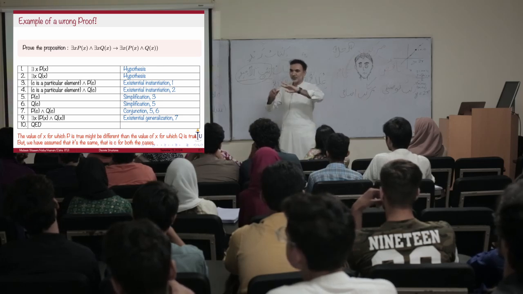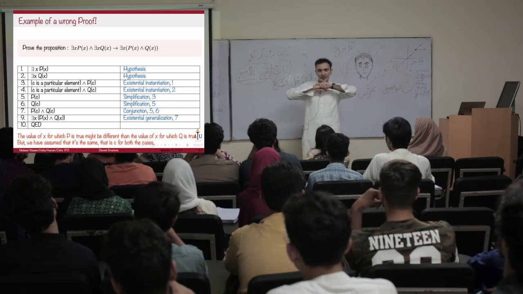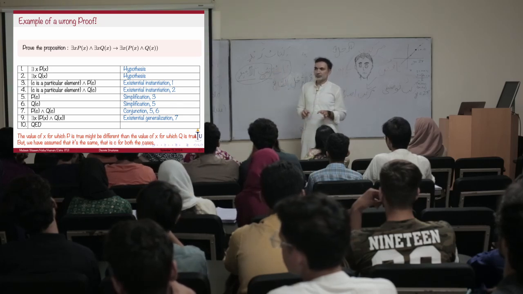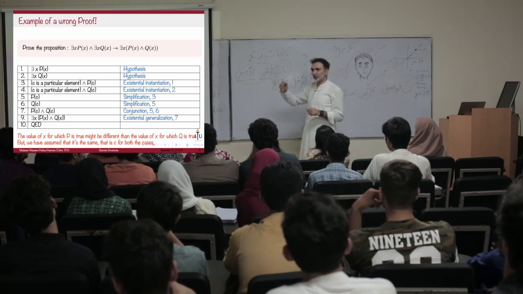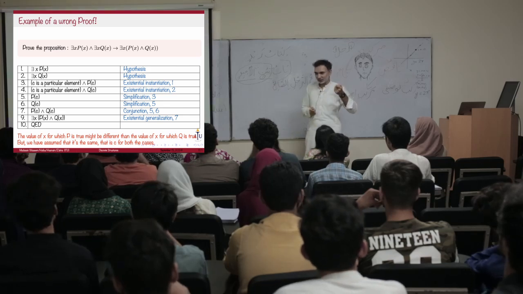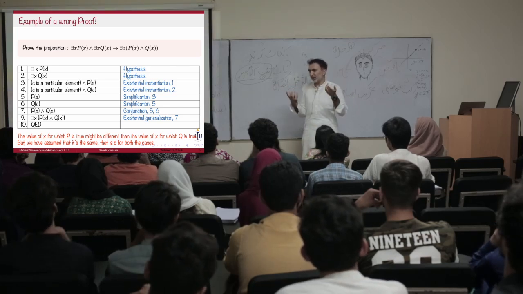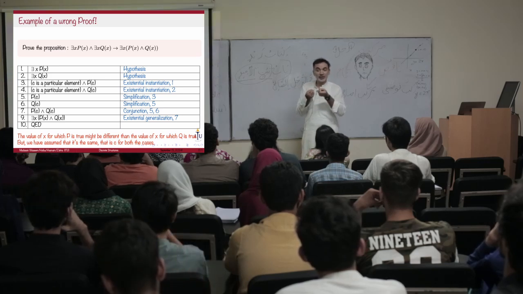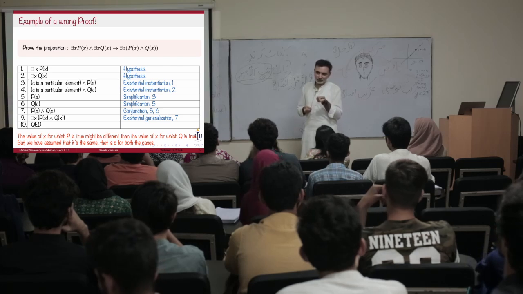Okay, so let me make two statements. I'm saying that there is someone in this class who scores A in discrete. Right after that, I'm making a statement: there exists someone in this class who scores A in OOP. I don't need to say that it could be the same person. These two statements already allow that it's possible that it's the same person. But if I want to say that it cannot be the same person, then I must say so explicitly.